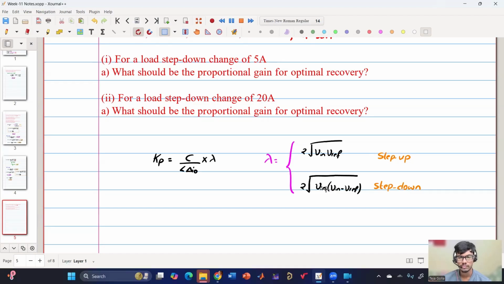Are you able to solve? Parvati, are you able to solve?